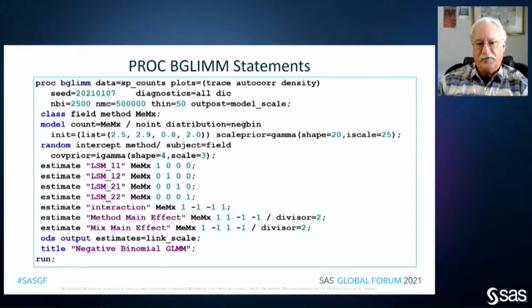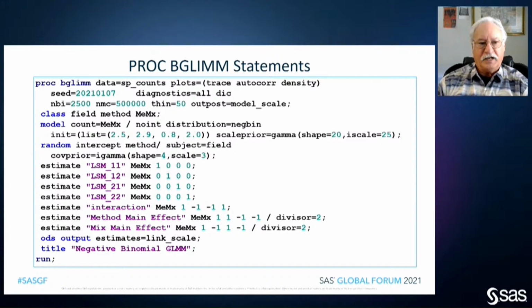It has to be specified in terms of a gamma distribution. So here are the shape and inverse scale parameters that were identified in a search for a reasonable prior. For the covariance, we used the same Christensen search that we talked about earlier. There are actually two random effects, the field effect and the field by method, or the whole plot effect here.